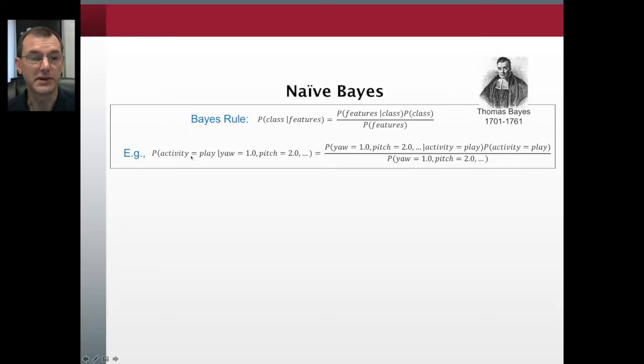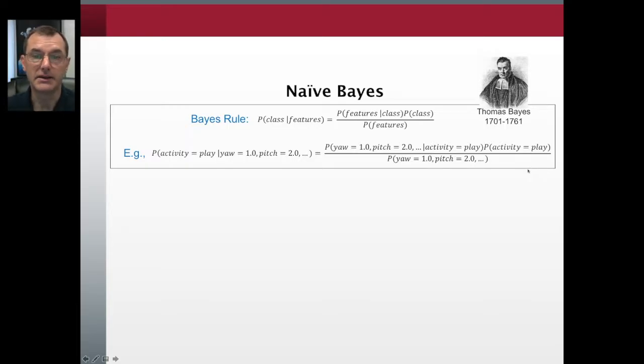So in terms of an example, if we wanted to compute the probability that the activity is play, given specific values for the sensor data features, yaw, pitch, roll, rotation, acceleration, etc., then we can rewrite that as computing the probability of those features given that the activity is play times the probability that the activity is play given no other information, divided by the probability that those particular features would have those values, again, given no other information about activity or anything.